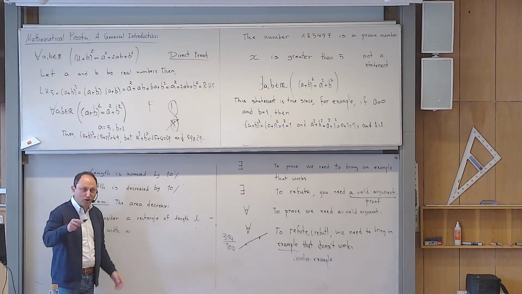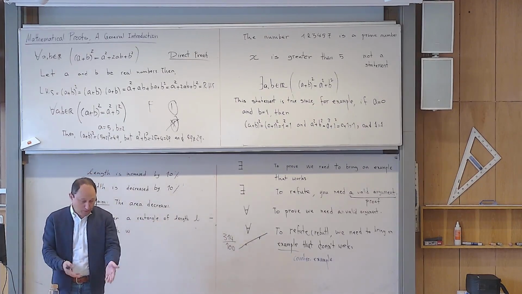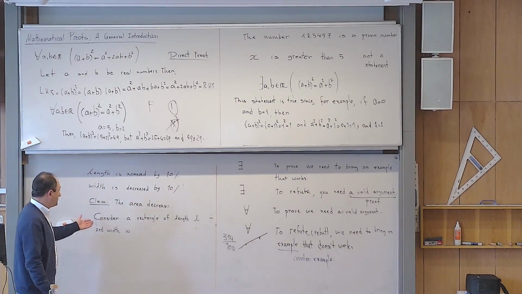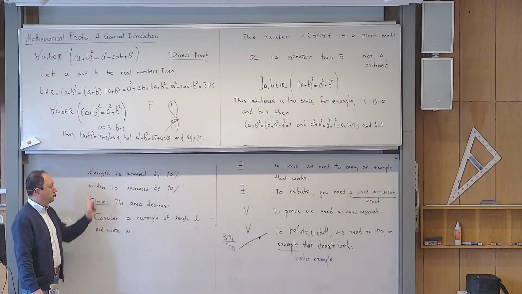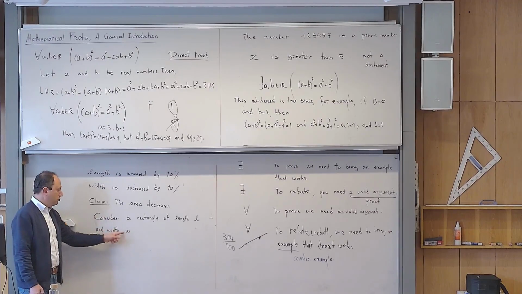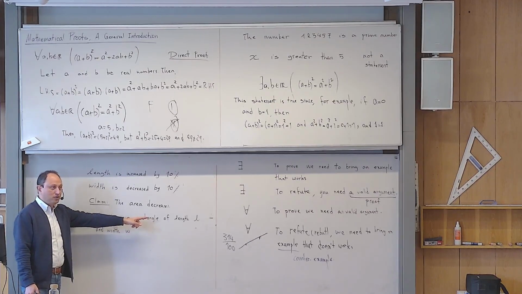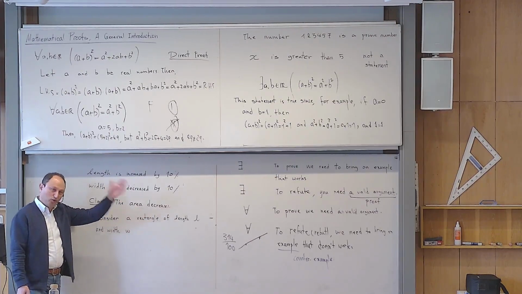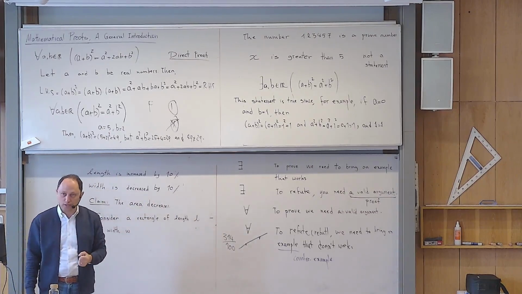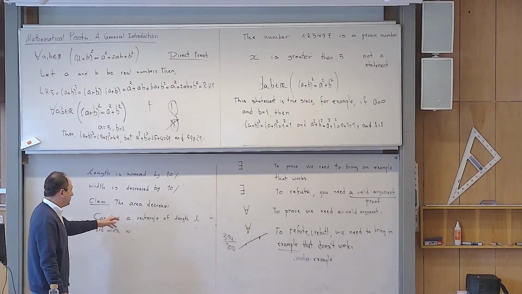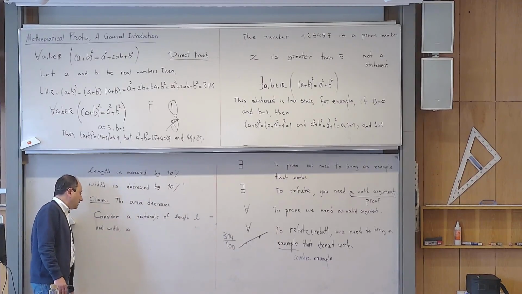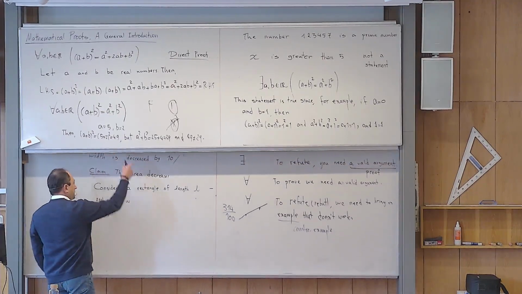So don't hesitate to write words. This is, by the way, the important thing. The first part of this course is talking about proofs, so you have to be precise. If you are using letters, you shouldn't rely on my judgment that I will know what it means. You need to introduce the letters, okay? So I would say: consider a rectangle of length L and width W. So then what happens?